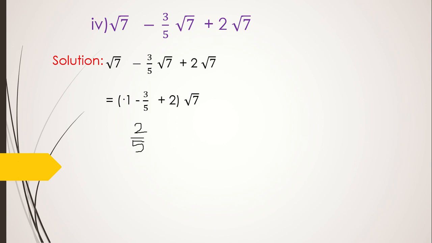I'll repeat, 5 ones are 5, cross multiply, 5 minus 3 is 2, so that's 2 upon 5, plus this 2 here. Further, 5 twos are 10, 10 plus 2 is 12, so that's 12 upon 5. So that's going to be 12 upon 5 root 7. That's it.